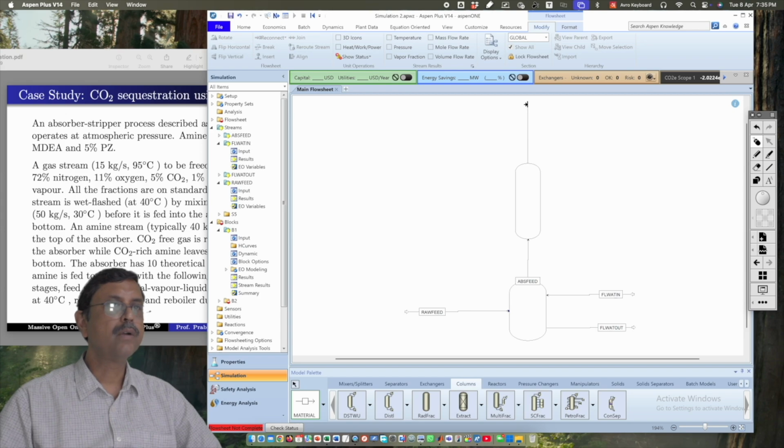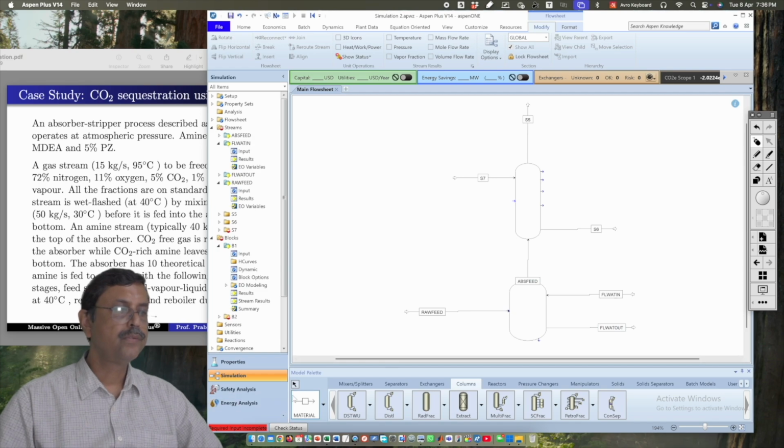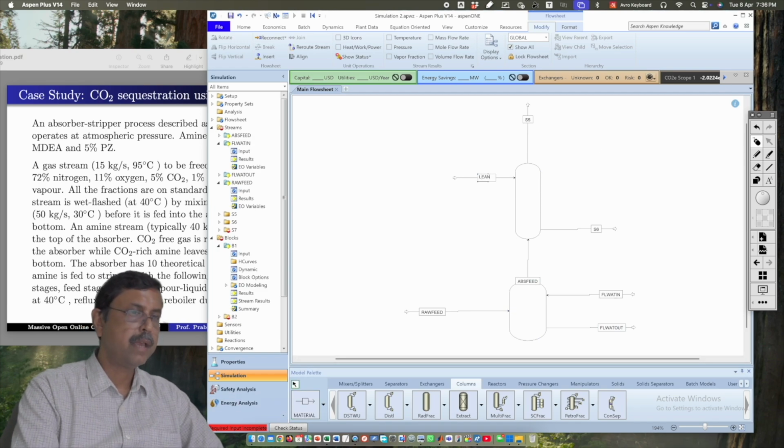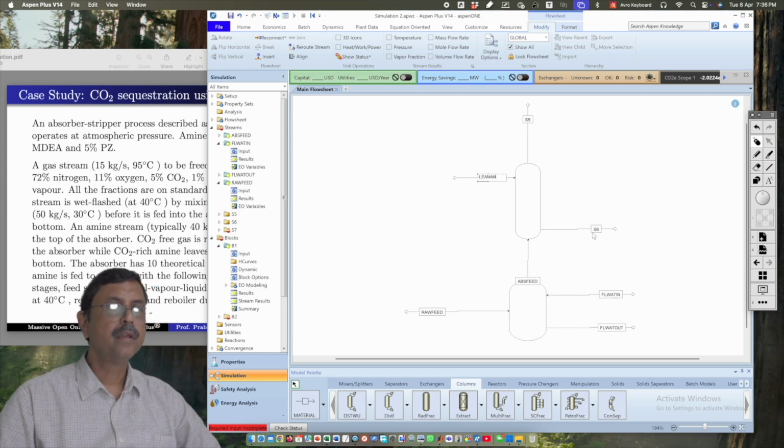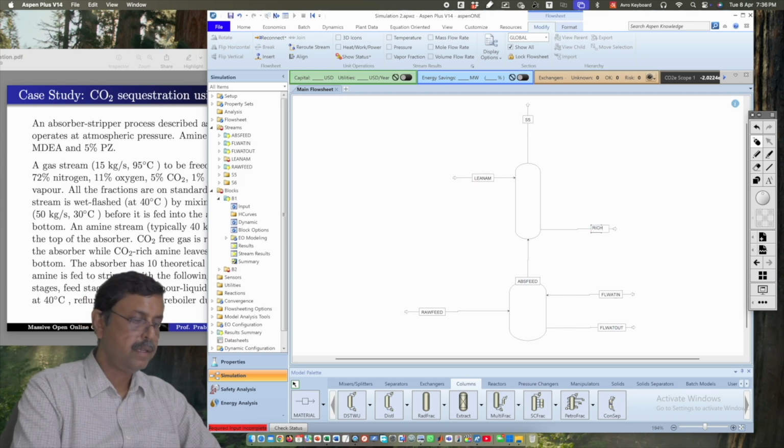So this is the vapor outlet, and this will be the rich outlet, rich amine outlet, and this will be the lean amine inlet. So we will name them as lean amine.